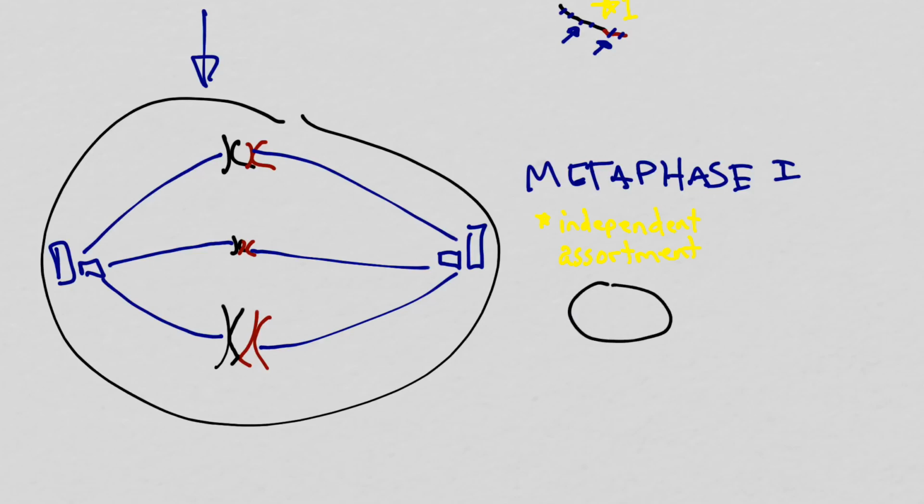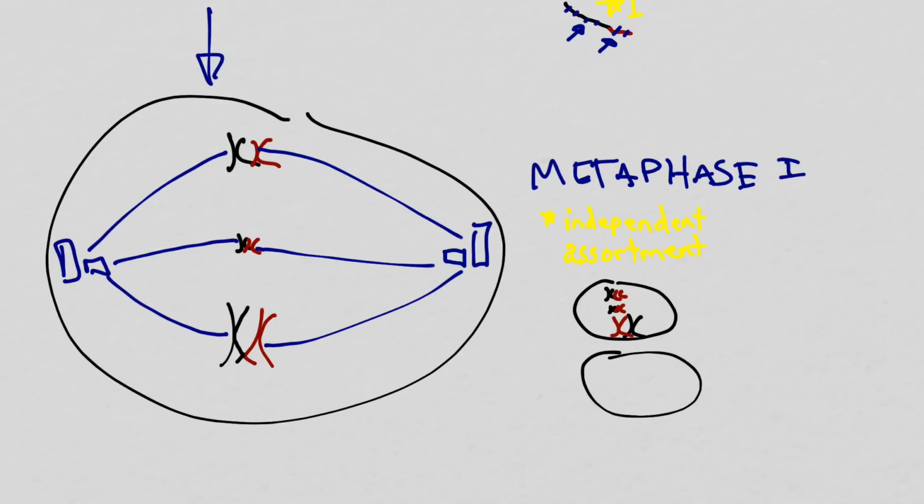Another way that metaphase could have happened is that I could have drawn my chromosomes like this instead. I could have put 2 black on the top and then 1 red on the left, but that's not it. I could have also drawn it like this. I could have also made it so that each side had 2 and 1 of each.